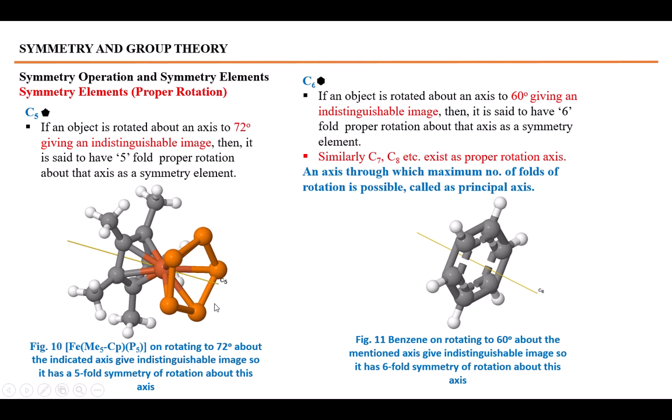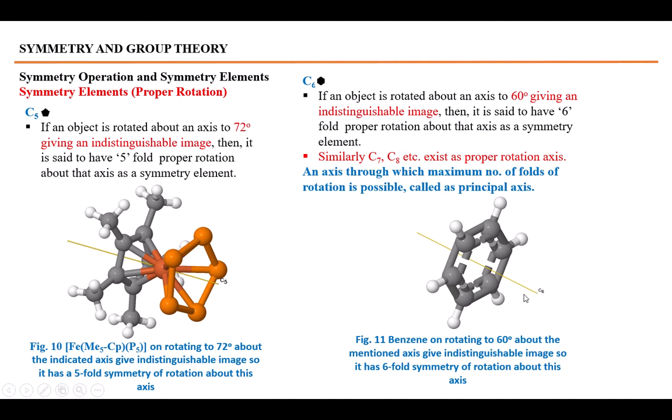Hence, this molecule has a C5 symmetry about this axis passing through the iron in the perpendicular direction to the cyclopentadiene. C6 symmetry exists in a benzene molecule.